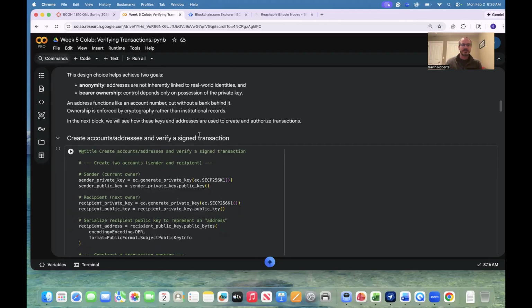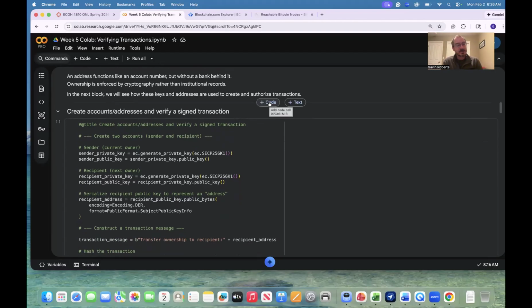This design achieves two goals. First, anonymity: addresses are not inherently linked to real world identities. And second, bearer ownership: control depends only on possession of the private key, kind of like ownership depends on possession of the coin. Ownership depends on possession of the private key in this case.